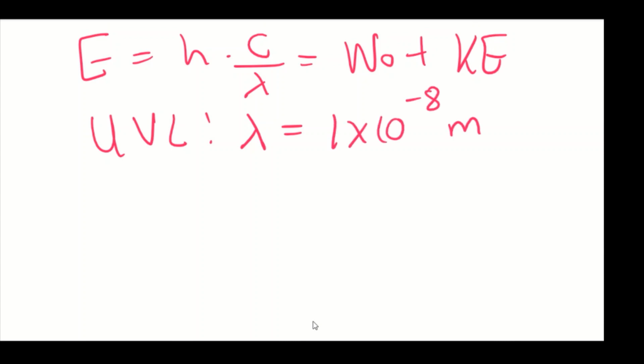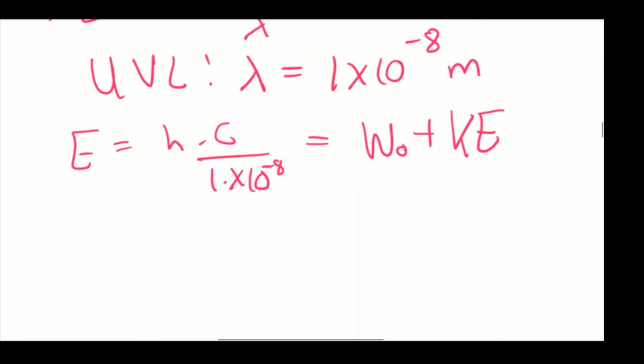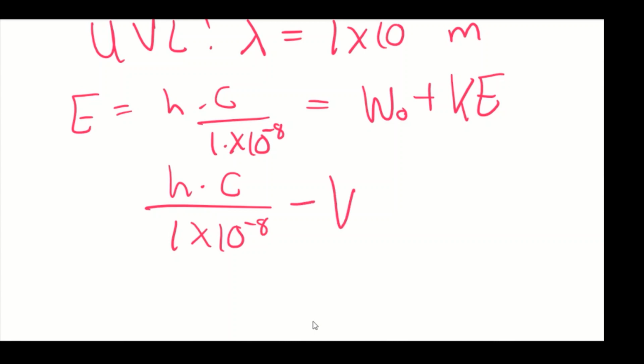So if you indicate that in this equation, E equals h multiplied by c over 1 times 10 to the power of minus 8, which equals work plus kinetic energy. Writing the kinetic energy of this, you say h multiplied by c over 1 times 10 to the power of minus 8, minus work done, equals kinetic energy.